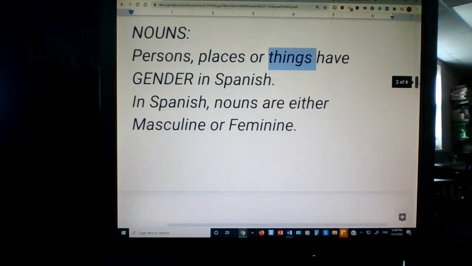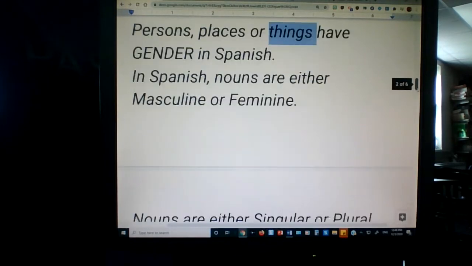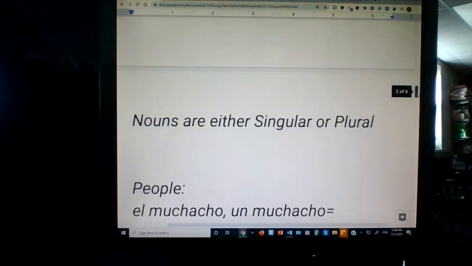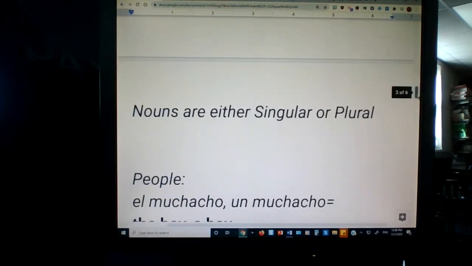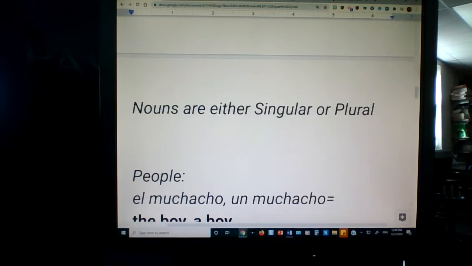A couple of things: in Spanish, nouns are either masculine or feminine. Things especially are either masculine or feminine, okay? So nouns are either singular or plural, of course. What does that mean, singular, plural? One thing or many things. Two or more for plural. Now here's an easy way to figure out if it's plural in Spanish.